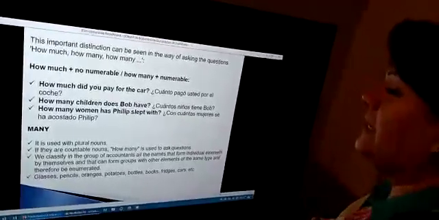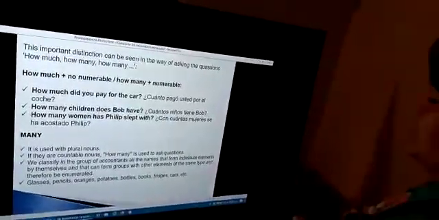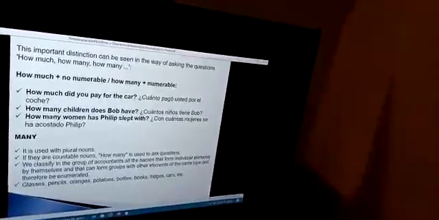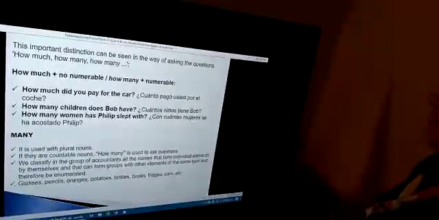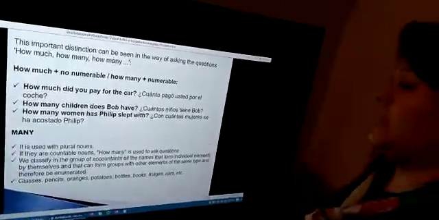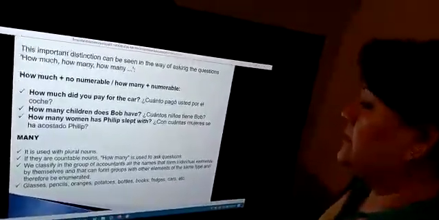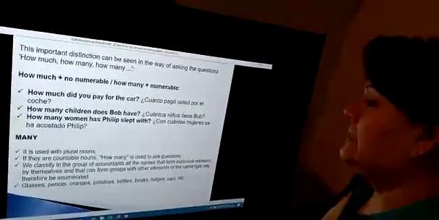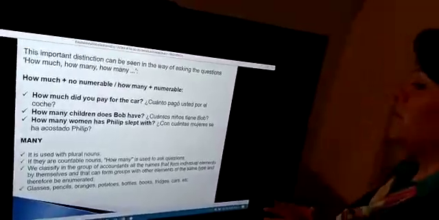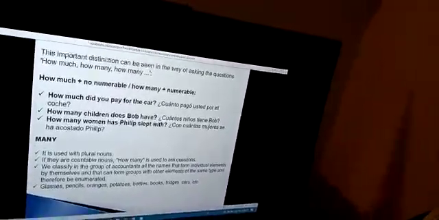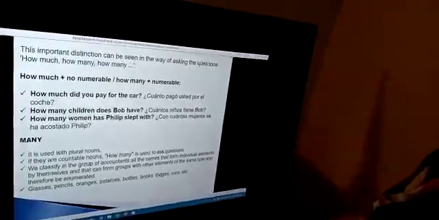We classify in the group of countable all the nouns that form an individual element by themselves and that can form a group with other elements of the same type, and therefore be enumerable. Next: glasses, pencils, oranges, potatoes, bottles, books, refrigerators, cards, etc. Okay?